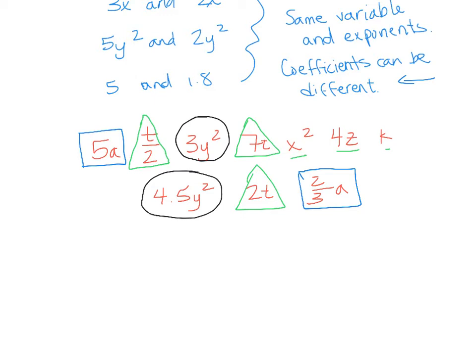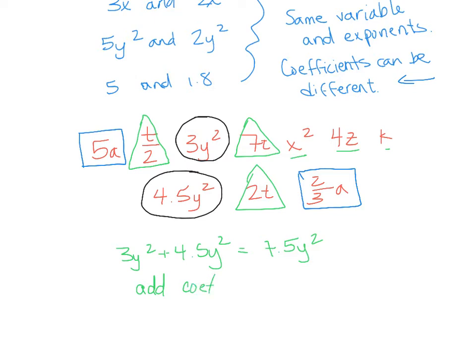All right, so if we were looking at this and we said we have a 3y squared and we have positive 4.5y squared, what we do is we add the coefficient, 3 plus 4.5, and get 7.5, and then our y squared stays the same. So we add coefficient, in this case. If there was a subtraction sign, we would subtract.